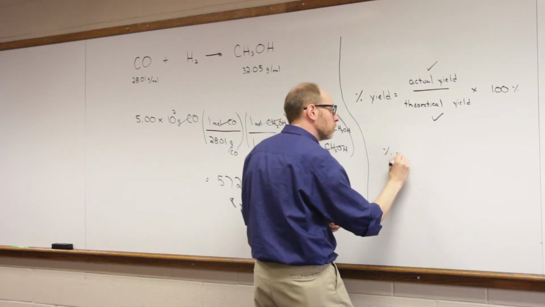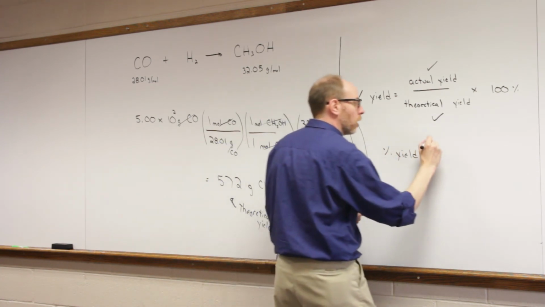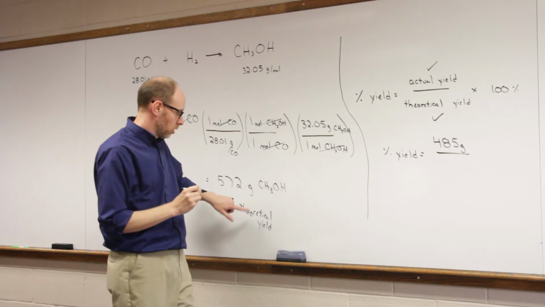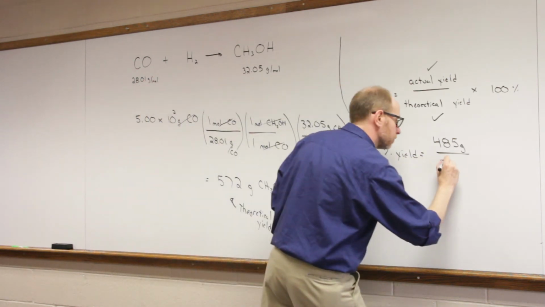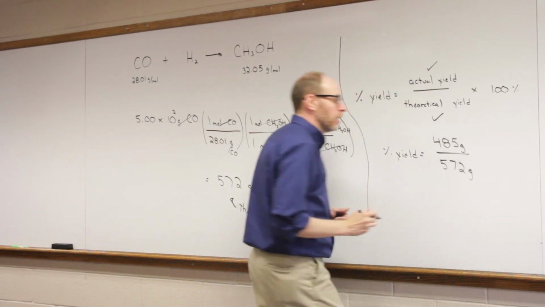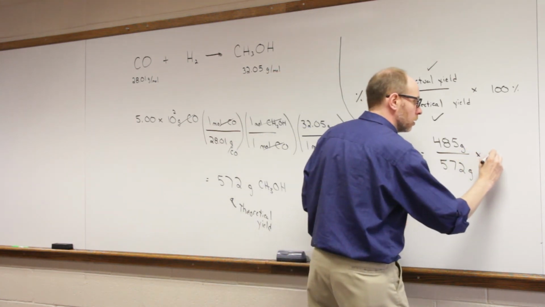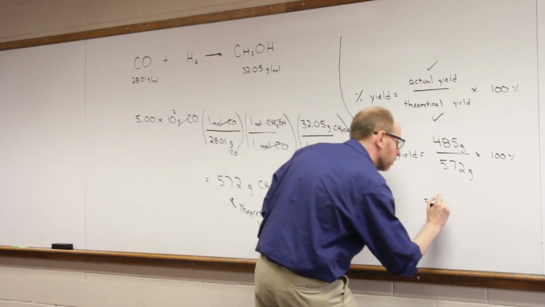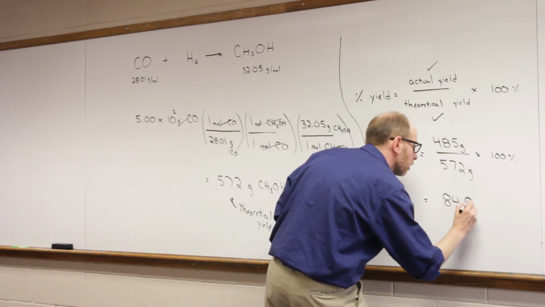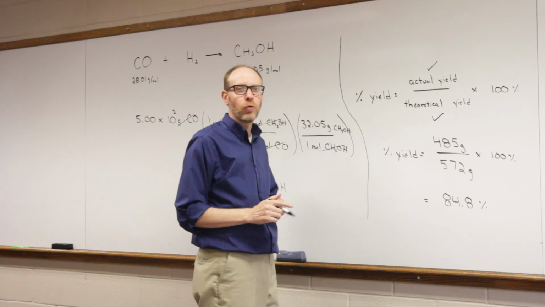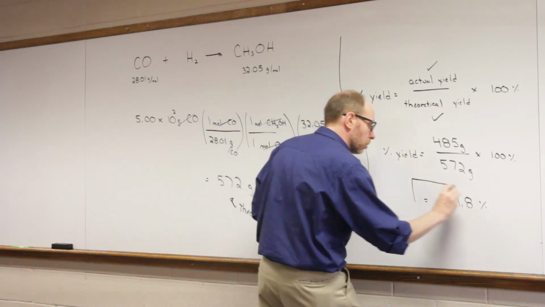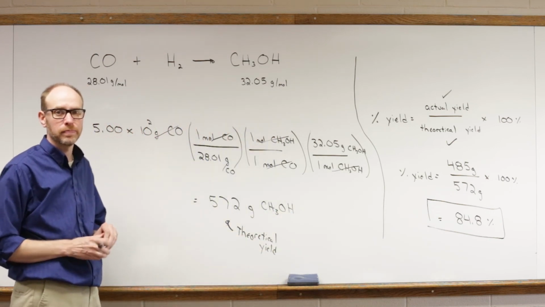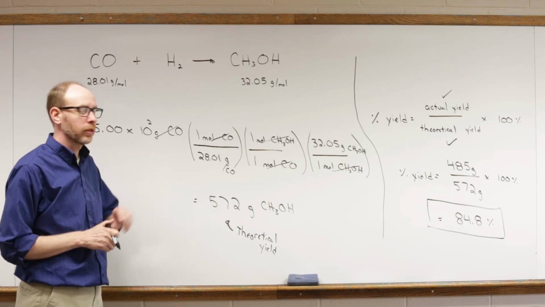So our percent yield is our 485 grams that we actually produced over our 572 grams that we should be able to produce theoretically, multiply that, divide, and you end up with 84.8%. About 85% is what we should end up with for this calculation.